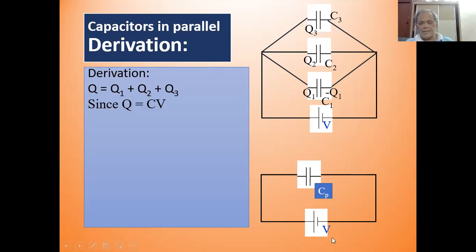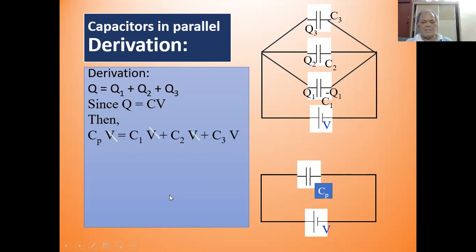Applying to this plate, Q equals CP times V. Applying to this plate is C1 times V. Apply to this plate C2 times your V. V is the same. Apply to this plate is C3 times your V. So all the V cancel off, common factor.